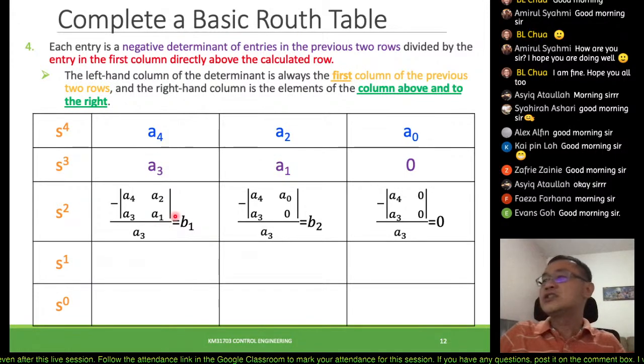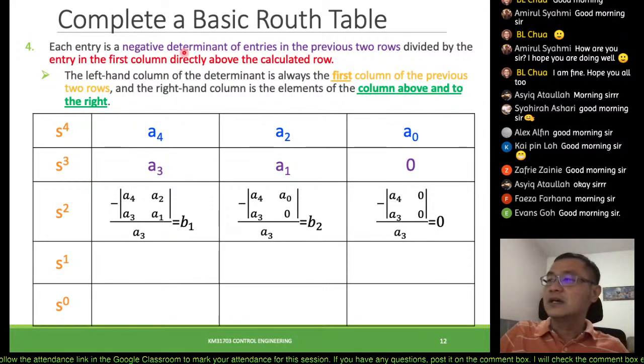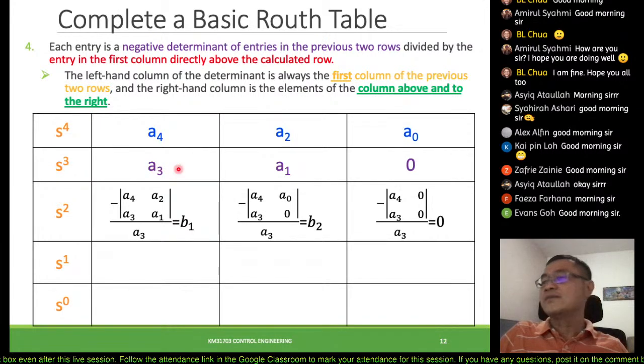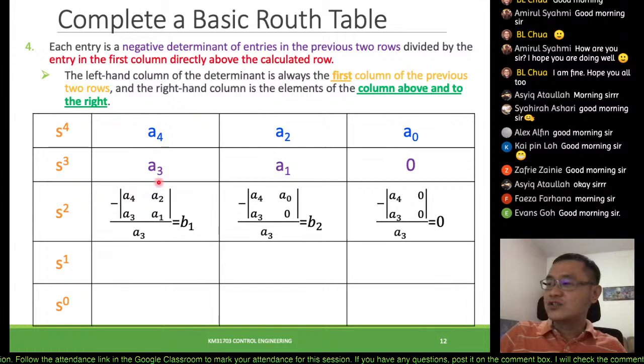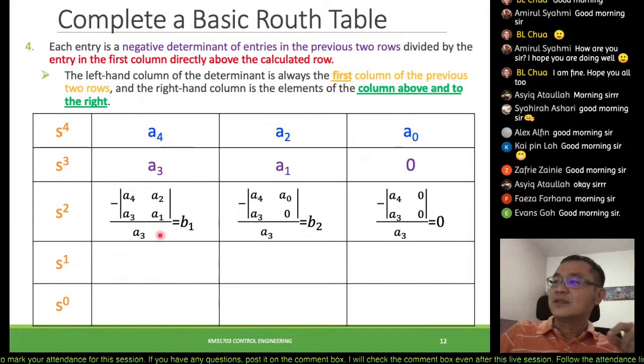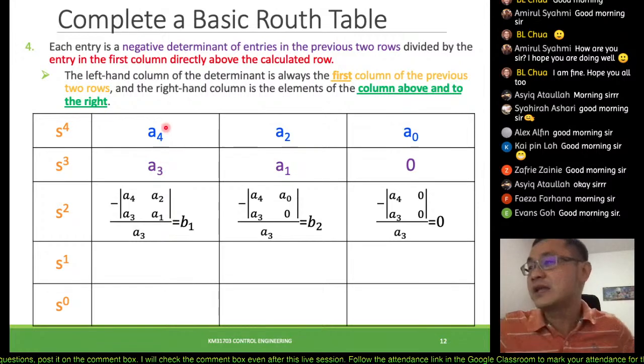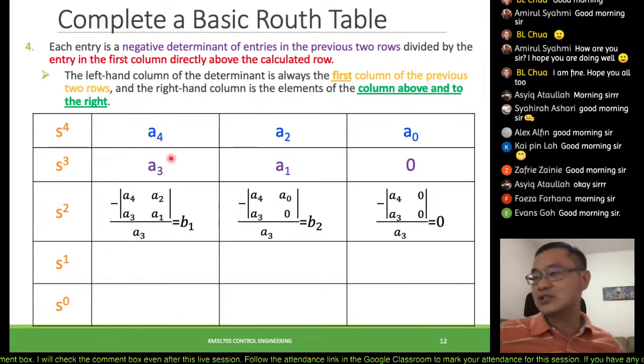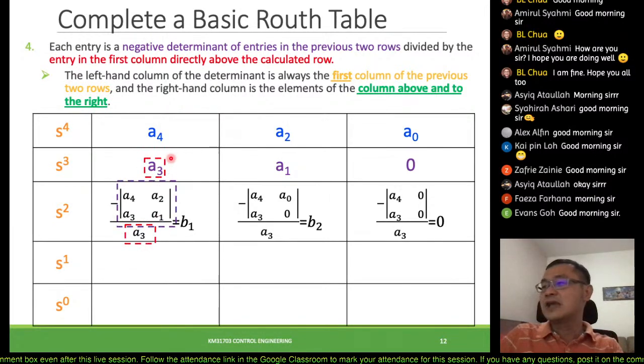The operation depends on the entry: the value for each of these cells would be the negative determinant of the previous two rows, divided by the entry of the first row, which is just right above it. Same thing for this one. So maybe we just go through it in detail so that we can visualize it.